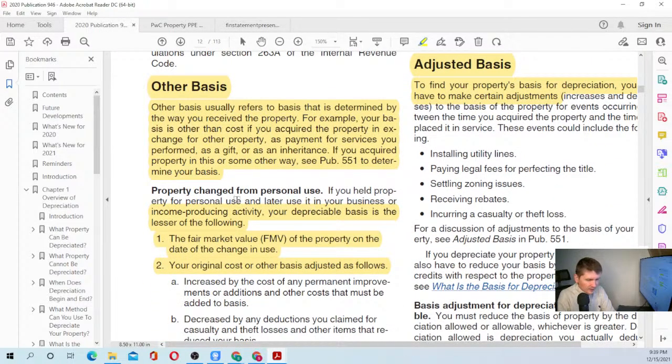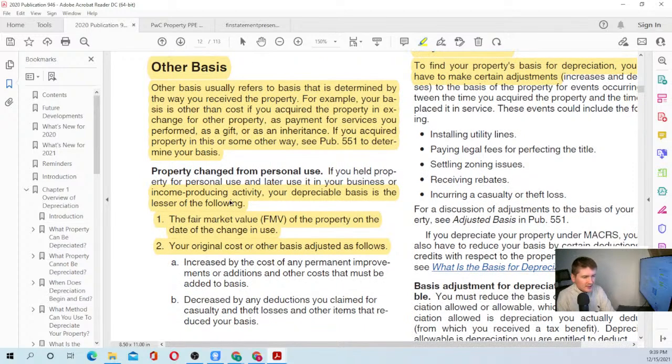If you held property for personal use and later, so that's an interesting example, if you have your own car and you started a business and decided to contribute that car to the business and use it in your business, your depreciation basis is the lesser of the fair market value of the property on the date of the change in use, or your original cost or other adjusted basis.